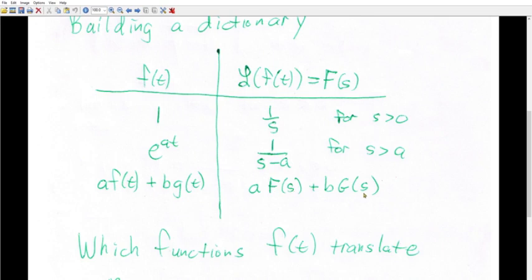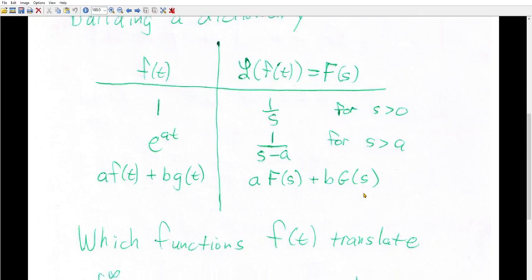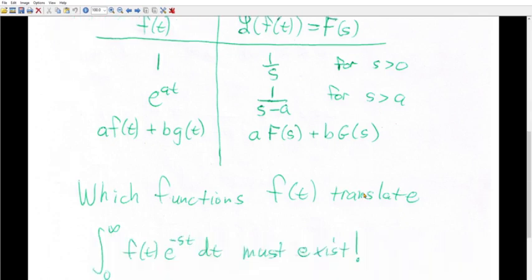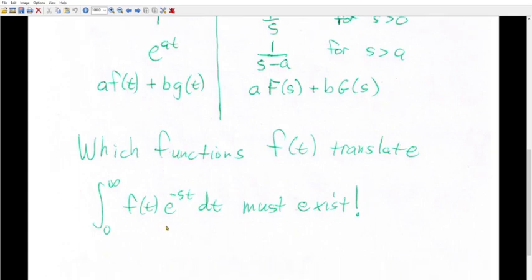Now, before we go any farther, we ought to ask the question, what things in T language actually translate? Because not everything does. Okay, we need to do this integral for a translation to exist, and this integral may not exist for a variety of reasons. Okay, this is an improper integral.